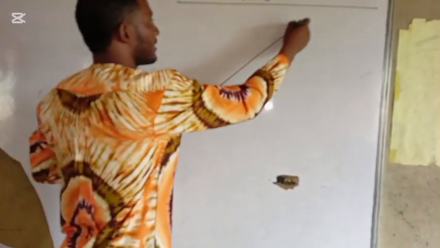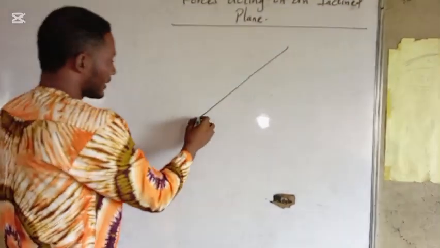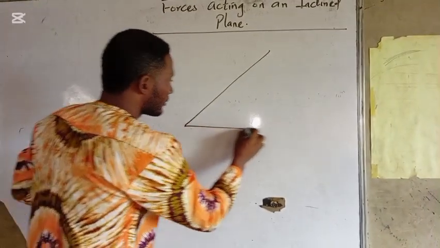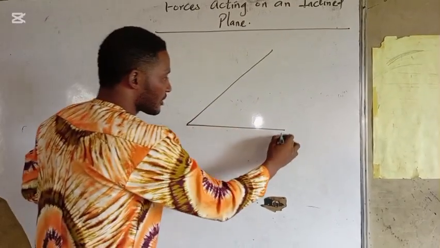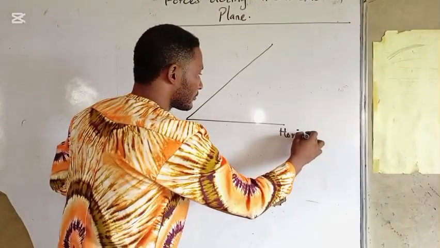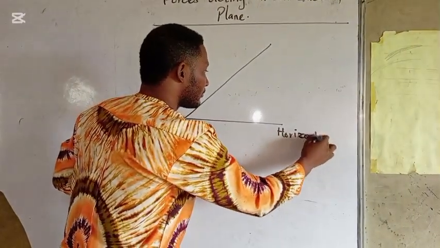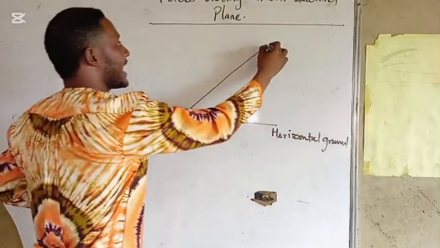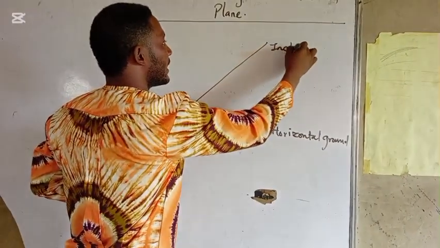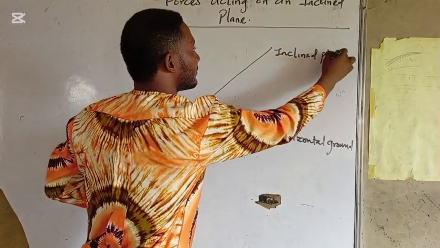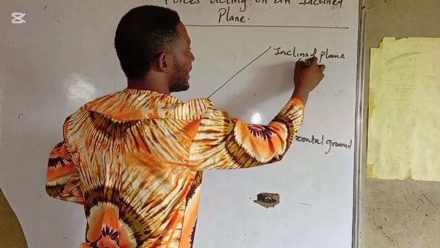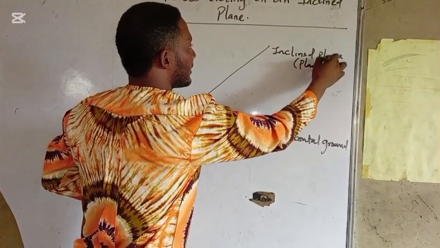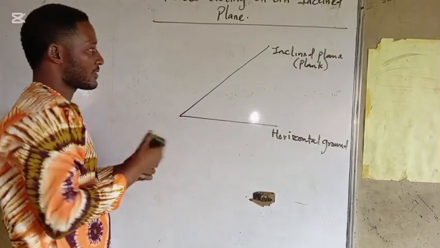If this is an inclined plane that is placed at an angle theta to the horizontal, this is the horizontal ground. This is the inclined plane, which can be a plank of your choice.